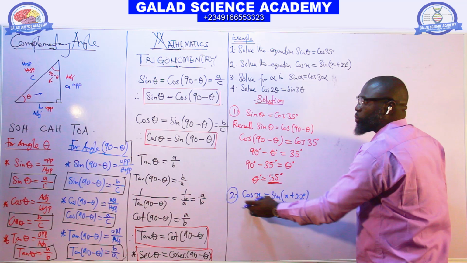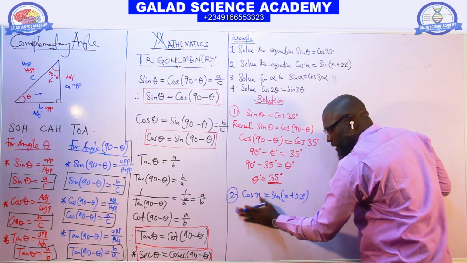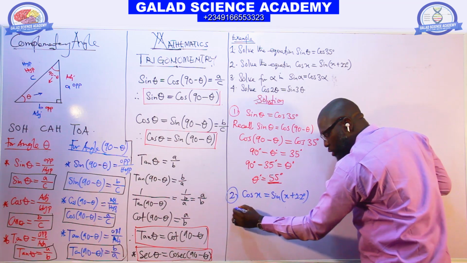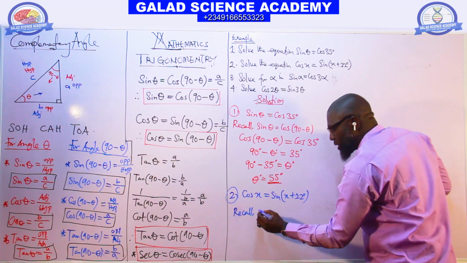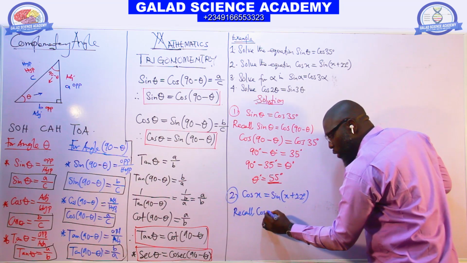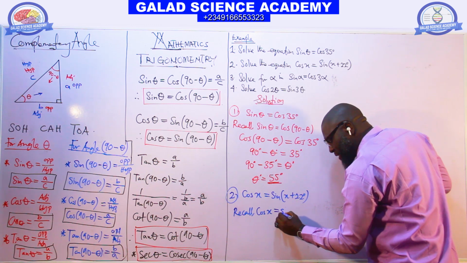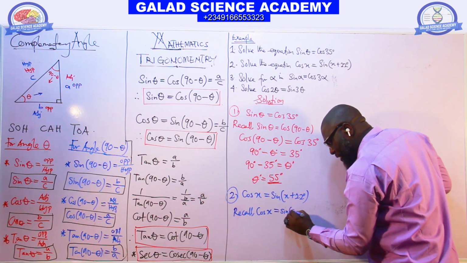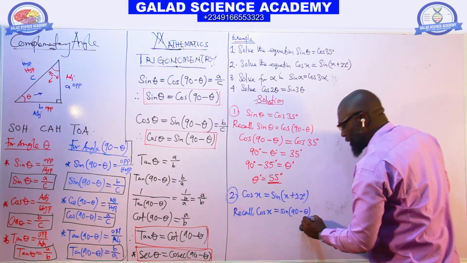Recall from complementary angle that cos of angle x is equal to sine of 90 minus theta.